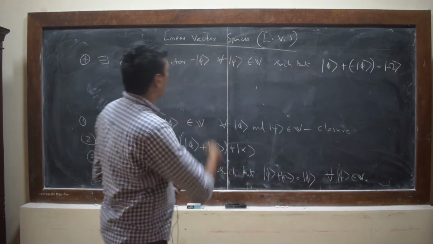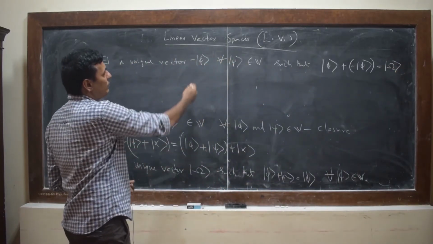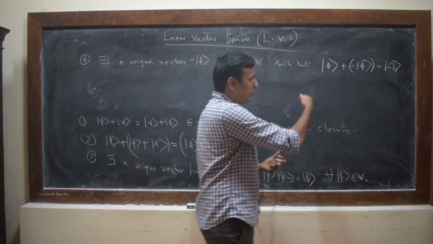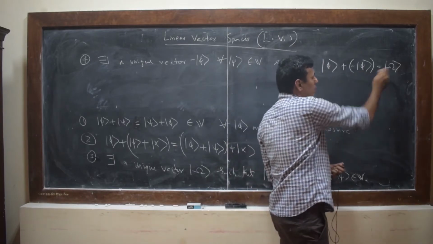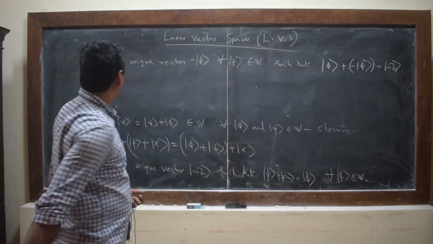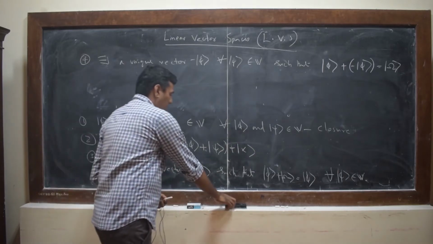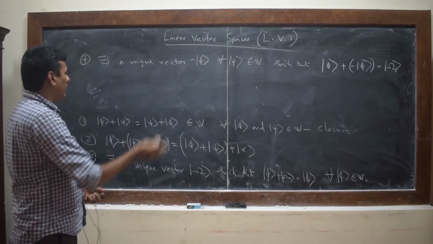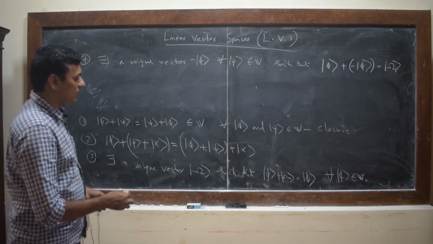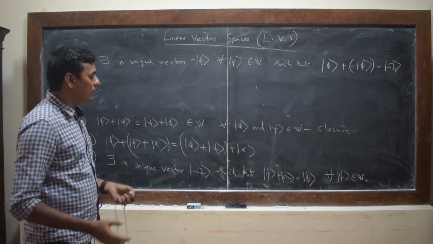So for every vector phi, there should be a minus phi such that if you add them, you get the null vector, omega. Under addition, these properties must be satisfied, and then you can say that the set of vectors forms a vector space.